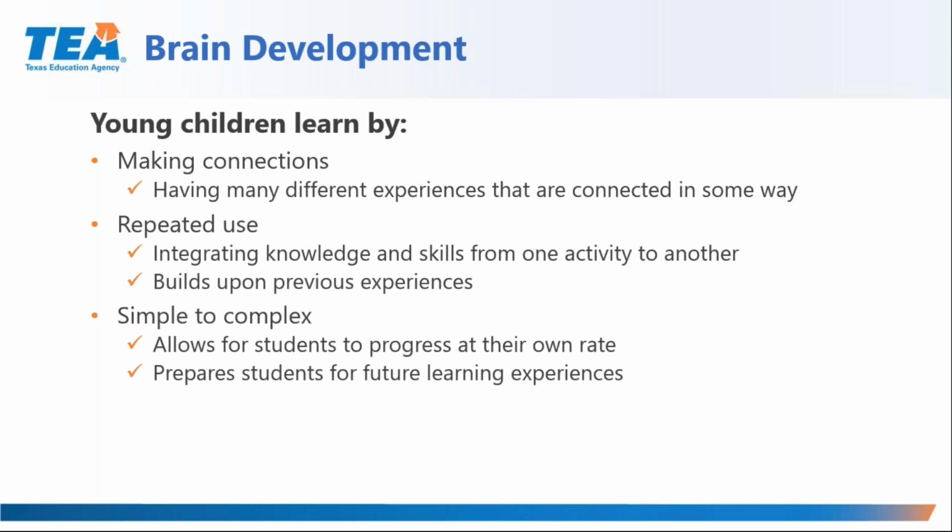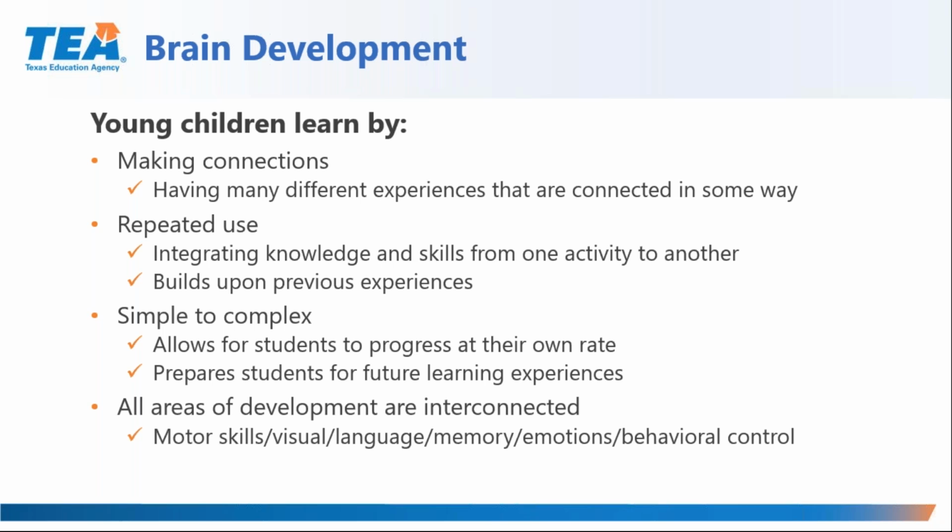We also know that young children learn from the more simple to the more complex, and that allows students to progress at their own rate and prepares students for future learning experiences. And then finally, young children learn when all areas of development are interconnected, which means that your motor skills, visual skills, language skills, memory skills, and emotional and behavioral control are all interwoven into a learning experience.